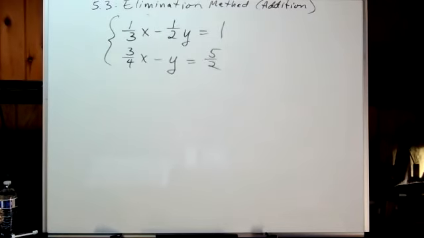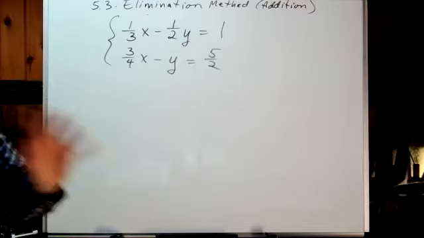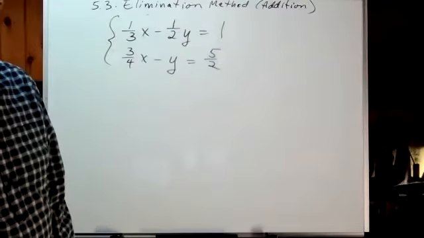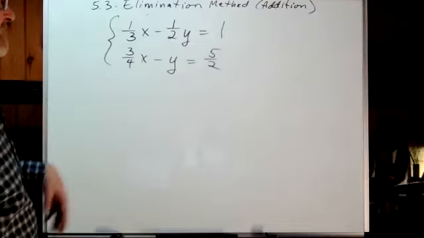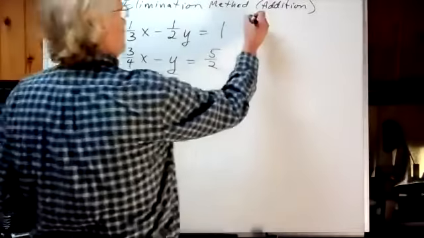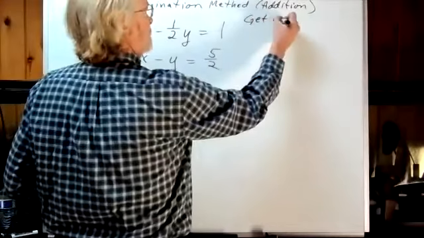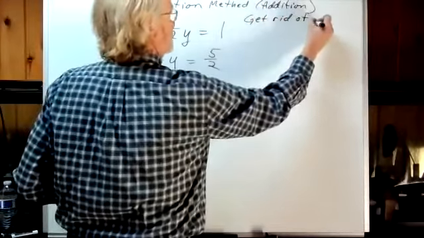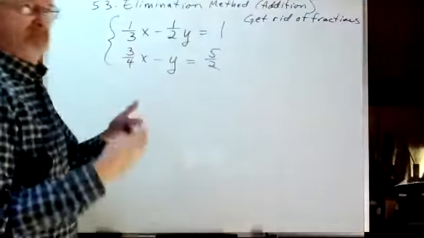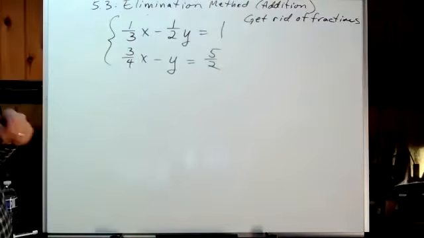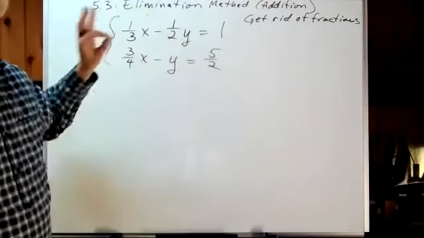Well, like we have done before, let's just get rid of fractions first. And then we look at it and start over. So our first step here is to get rid of fractions, which has nothing to do with solving it. Nothing to do with really solving the system yet. I can look at each equation individually.